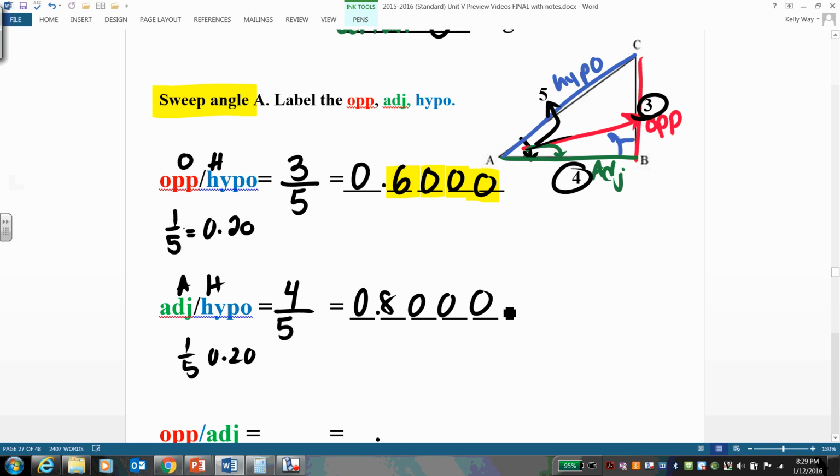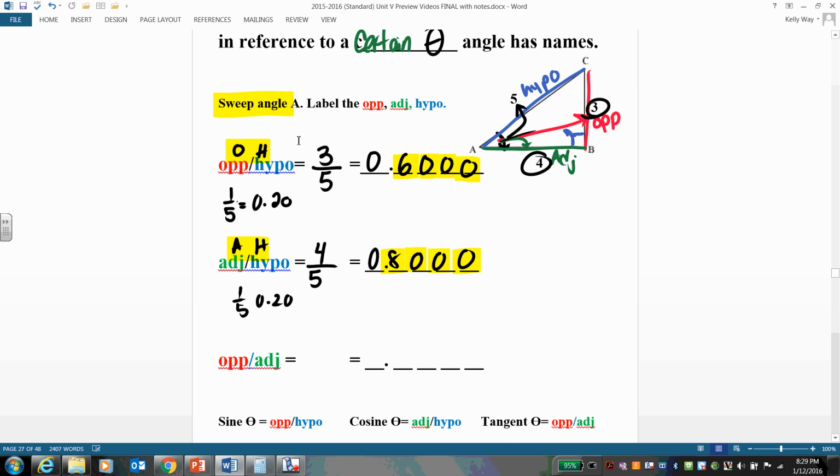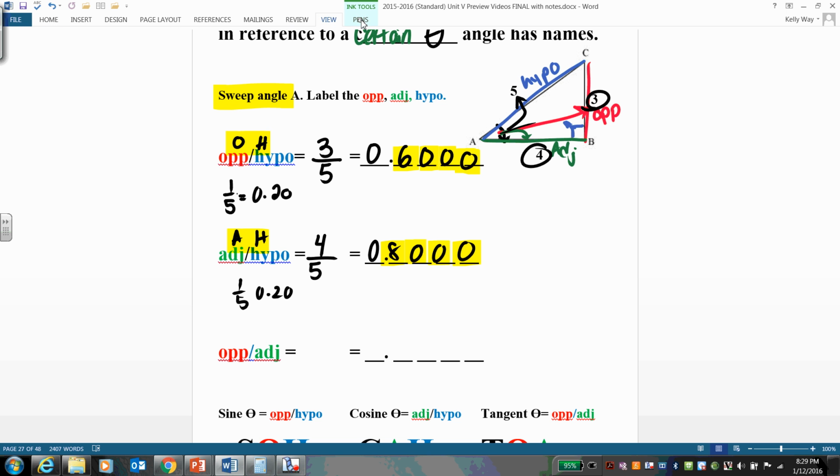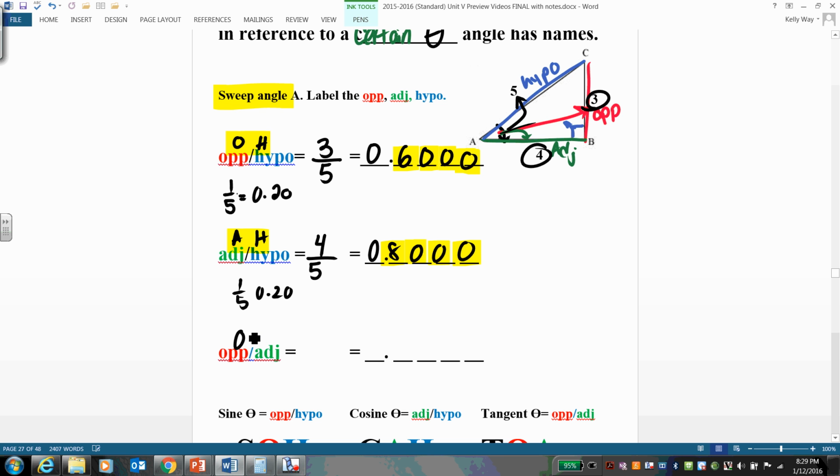Notice I went to the 4th decimal place again. So I have OH, I have AH. And then I have my last ratio here. And that's going to be OA: opposite, which is 3, over adjacent, which is 4. 3/4.